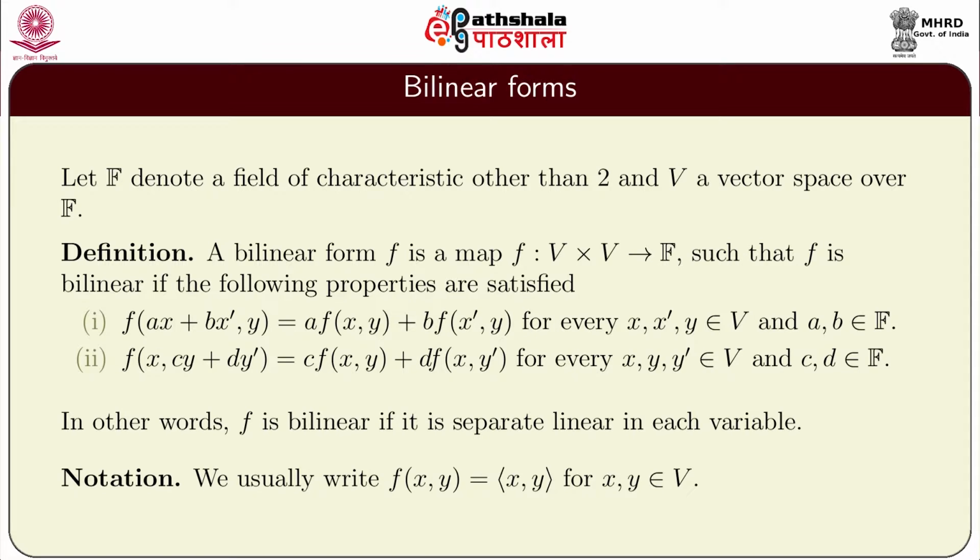This is a standard notation that we use. f of x y is equal to inner product x comma y. But remember that this may not really satisfy all the conditions of an inner product, but we will see that inner products do fall into this category of bilinear maps.